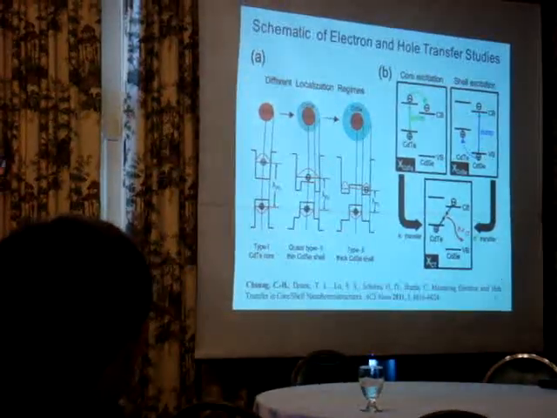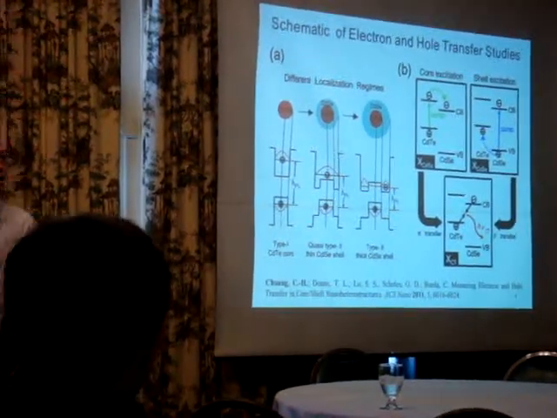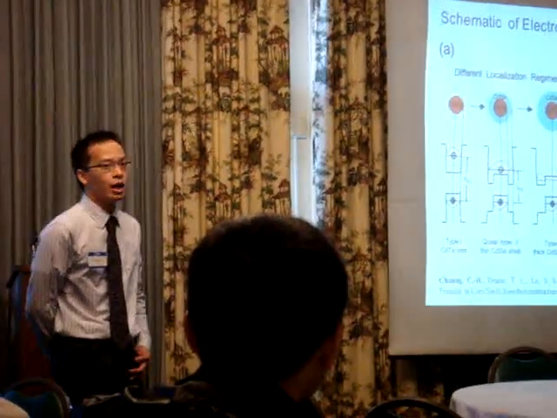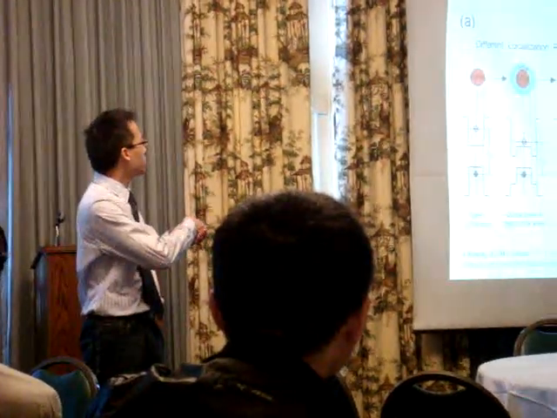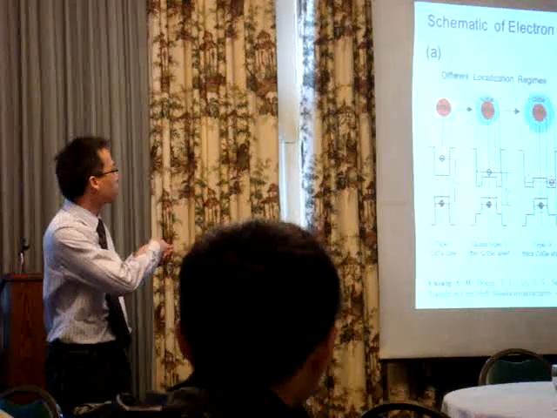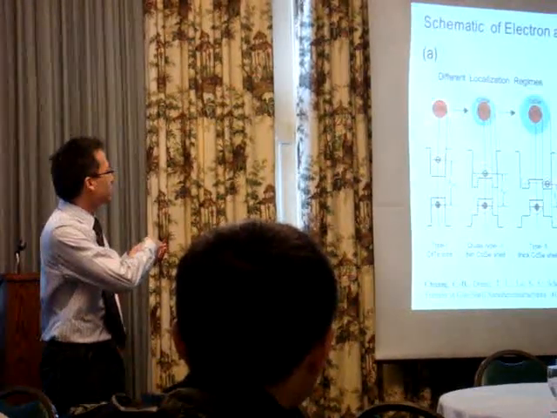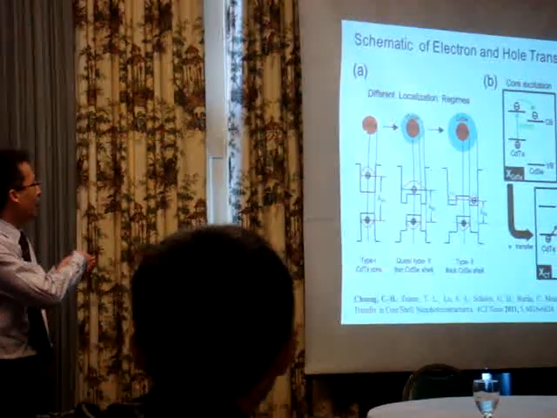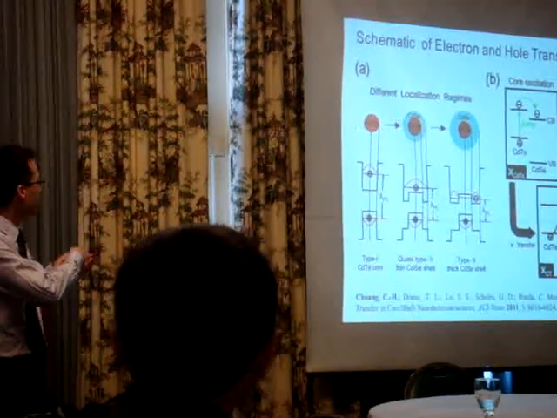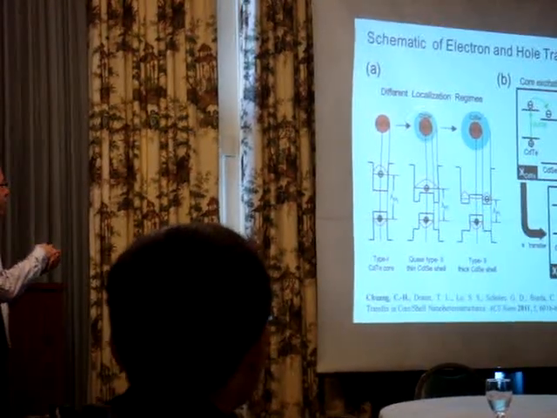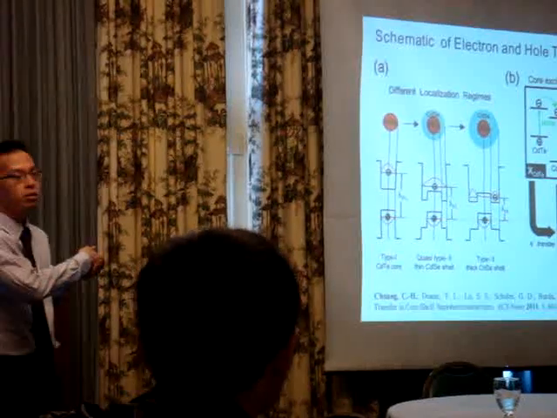Here I want to give you an overview of my study. The system I chose is a series of core-shell particles. These core-shell particles have a constant cadmium telluride core and an increasing cadmium selenide shell.